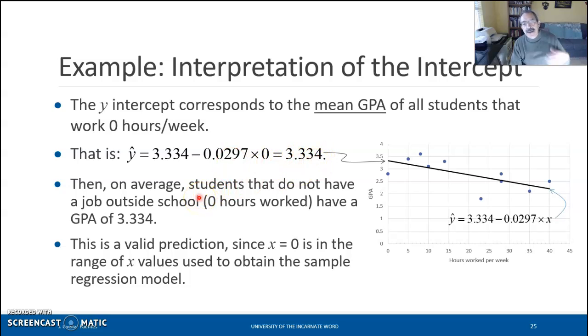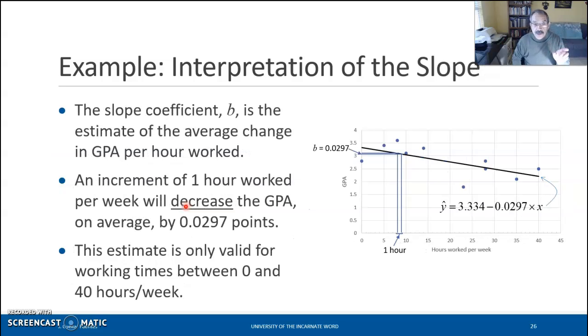That means that on average, students that do not have a job outside school, in other words, work 0 hours per week, have an average GPA of 3.34. And this is a valid prediction because we have data for students that work 0 hours. So this interpretation is meaningful. All right, so that's the interpretation of the intercept.